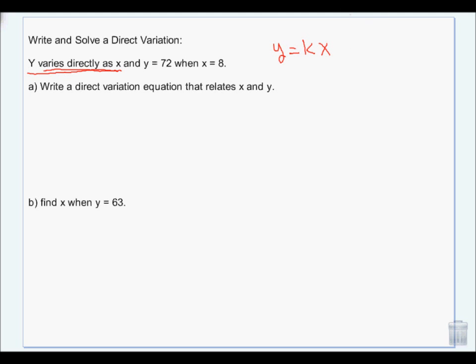So they give us y and they give us x. We don't have k. So you take the y, 72, is equal to k times 8. Here's y, here's x.